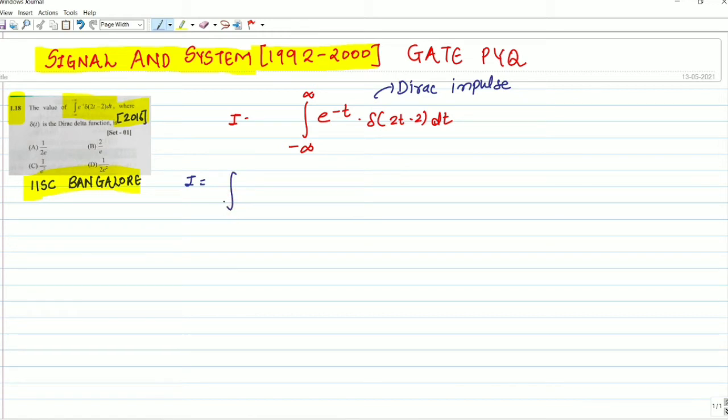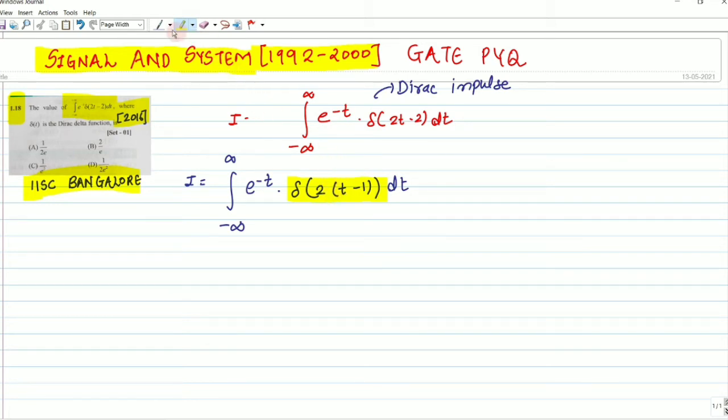We can write this integration as the integral from minus infinity to infinity of e raised to power minus t times delta of 2t minus 1. We can take 2 common, so it will become delta of 2 times (t minus 1). Understood this part? Now in this part we are going to use one property known as the time scaling property.